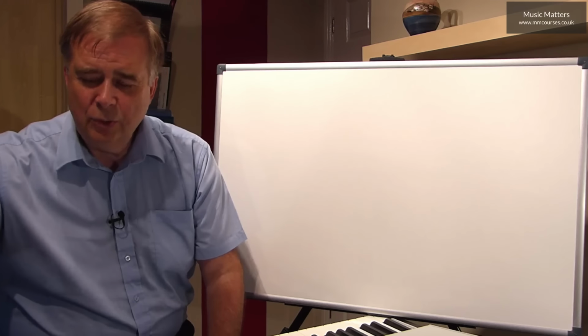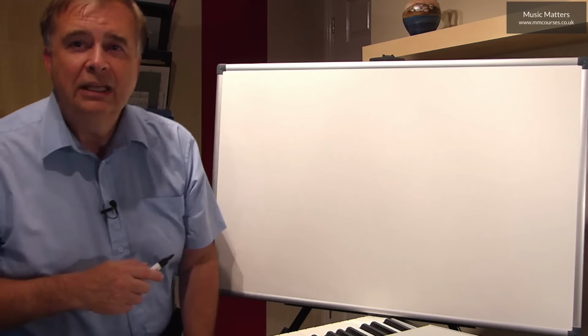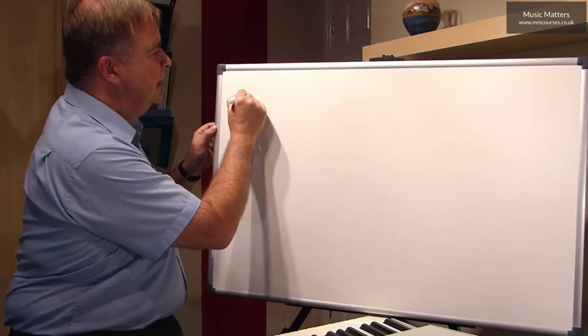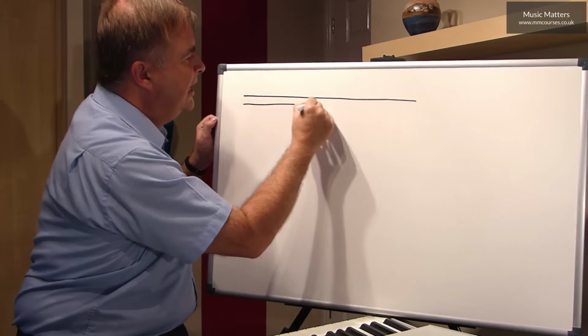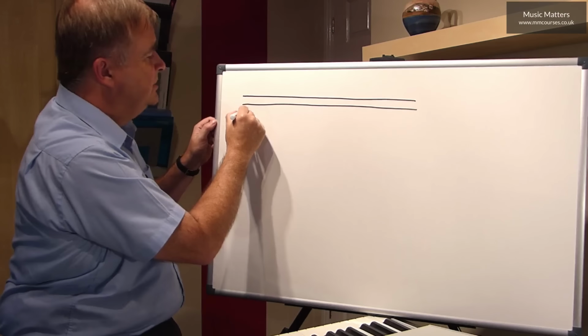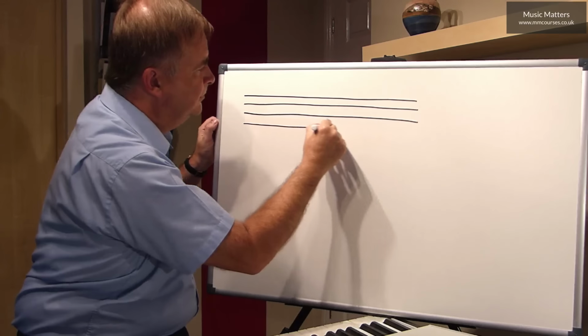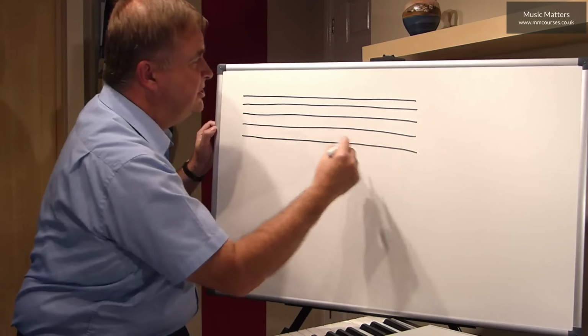Now, let's also find out how this C would be written in a piece of music. Have a look at this. Music is always written on something called the stave. And the stave has 5 lines. So here are the 5 lines of the stave.